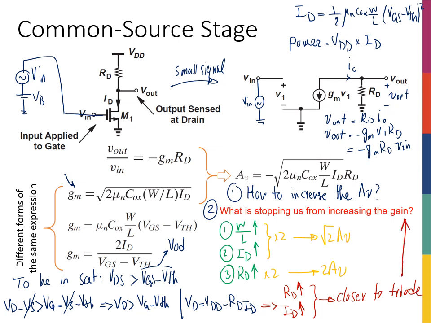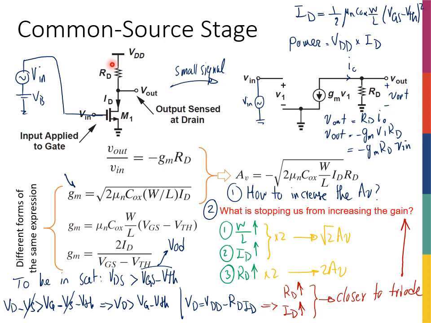So what is stopping us from increasing the gain? Well, going out of saturation is really the thing that is stopping you, right? So as long as you can make sure that you're not leaving saturation, then you can increase RD with almost no cost, with just a little bit of an area cost, you can get more gain, okay? So all of these discussions are very similar to the discussions that we had with BJTs and the trade-offs.